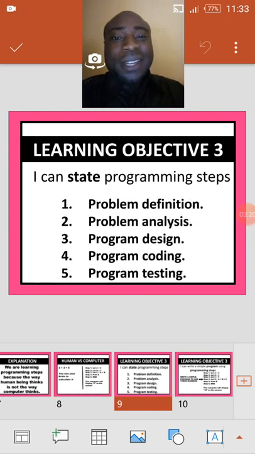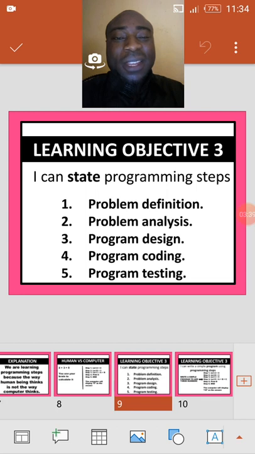Now, let's look at programming steps. We have 5 programming steps that a programmer must follow to write instructions for the computer. 1. Problem definition.